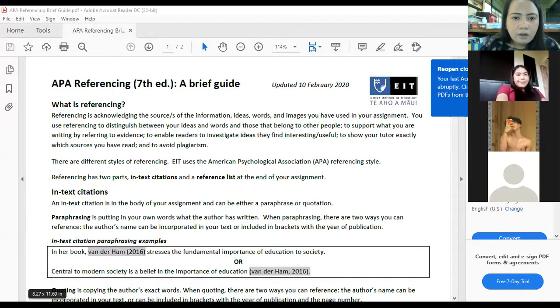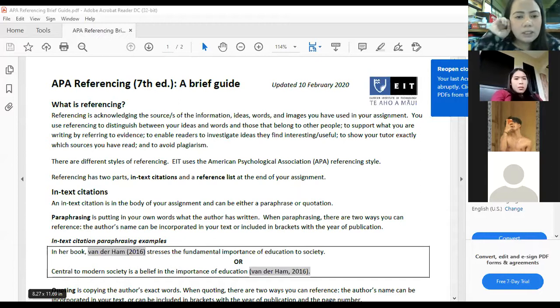Okay. Followed by the year, kung kailan pinublish. Next is the title of the article, of the book, of the section na napagkuhanan nyo ng idea. Okay.